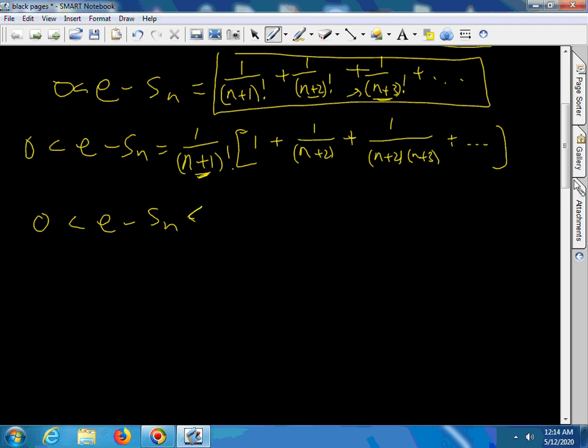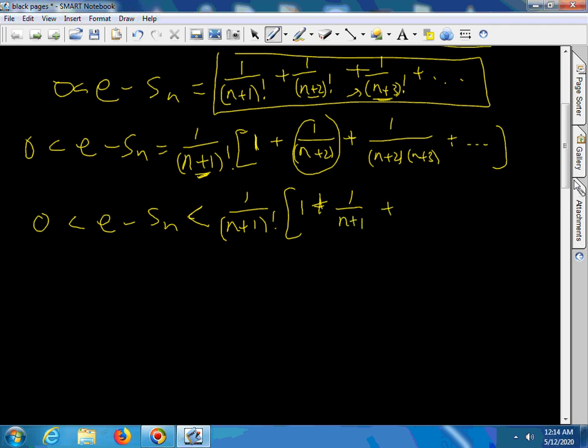Now I'm going to make the right-hand side bigger. I'm going to keep the 1 over n plus 1 factorial. I'm even going to keep the 1, but everything else I'm going to make smaller. Instead of this, I'm going to make the denominator smaller, which makes the fraction bigger.